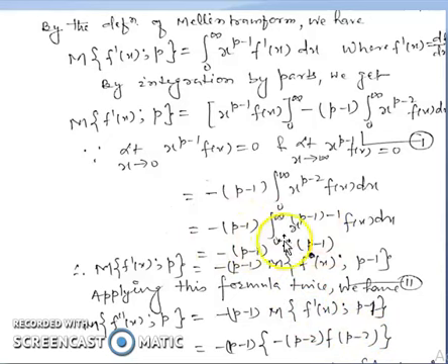When we differentiate the first time, it becomes minus (p minus 1) F of p minus 1. When we differentiate the second time, it becomes minus (p minus 1) as in the first time, and the rest of the part is minus (p minus 2) F of p minus 2.